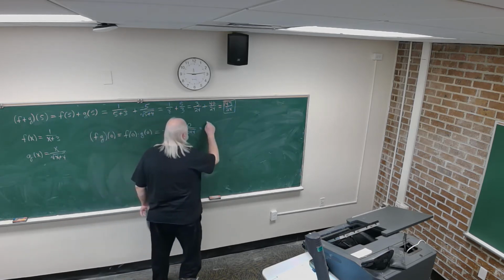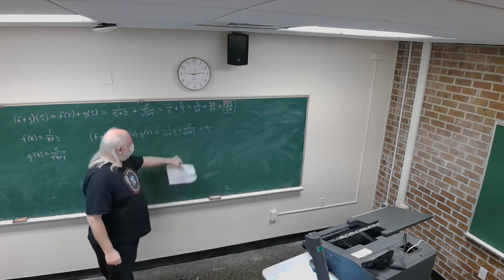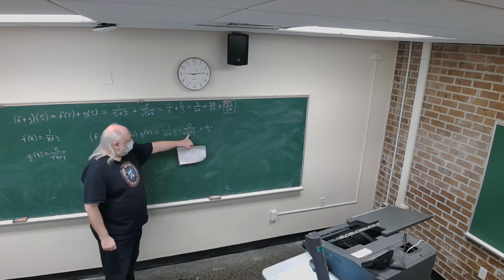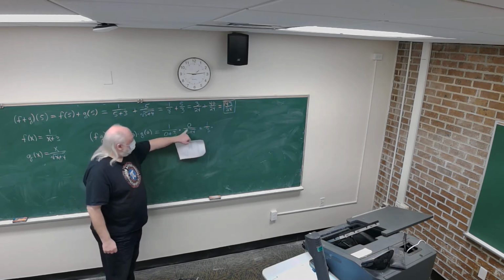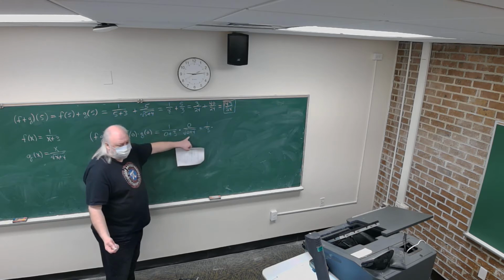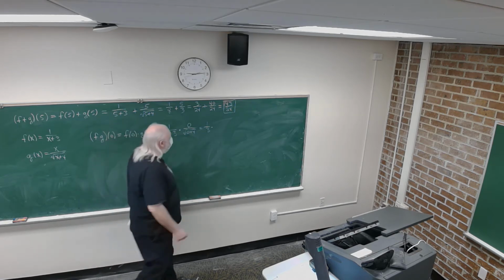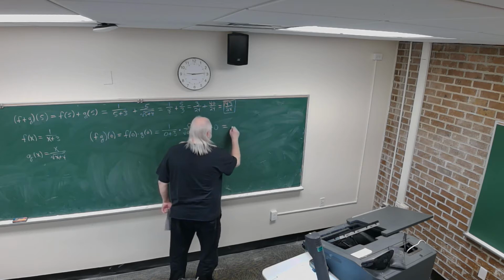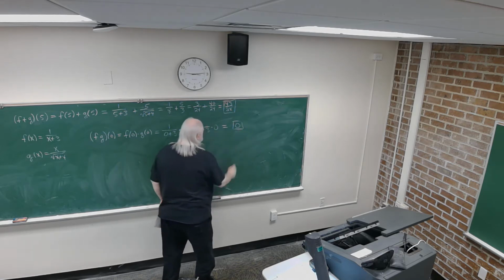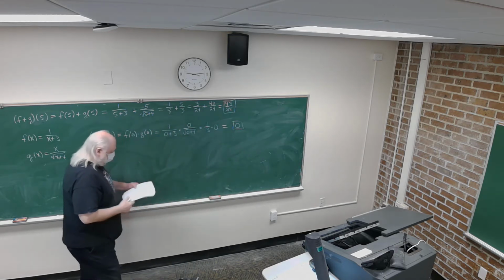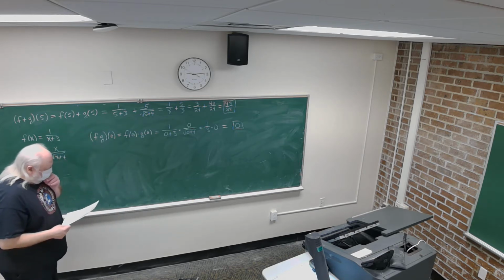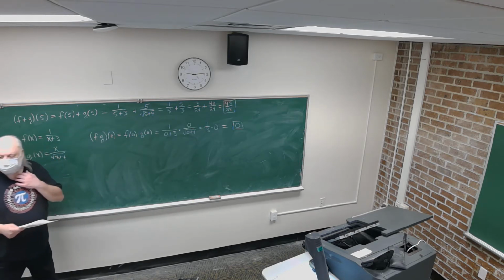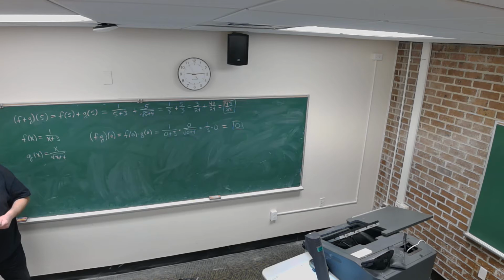So the first fraction is 1/3. But the second, the denominator under the square root, 0 plus 4 is 4, and square root of 4 is 2. But then we have 0 divided by 2, which is just 0. So this thing just equals 0. Any questions on that? Okay.